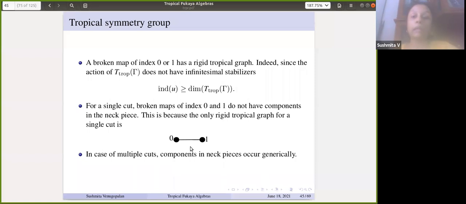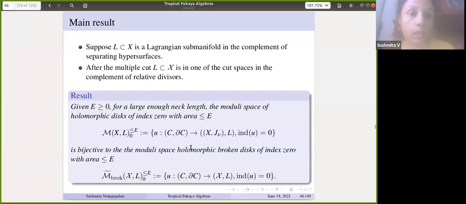So if there are any components in neck pieces, then the broken map cannot be rigid in the case of a single cut. Whereas in the case of multiple cuts, components in neck pieces occur generically, as we saw in the previous slide.